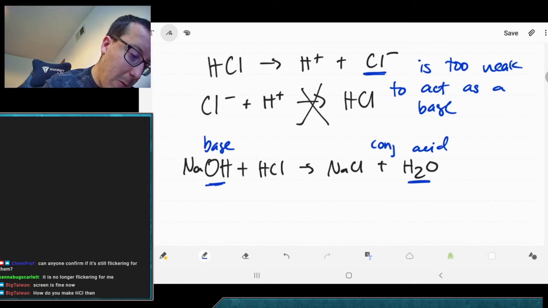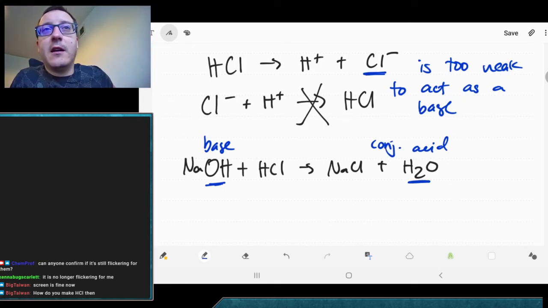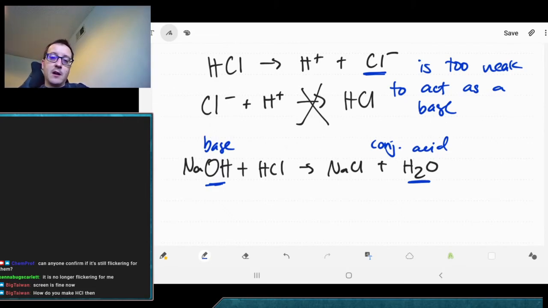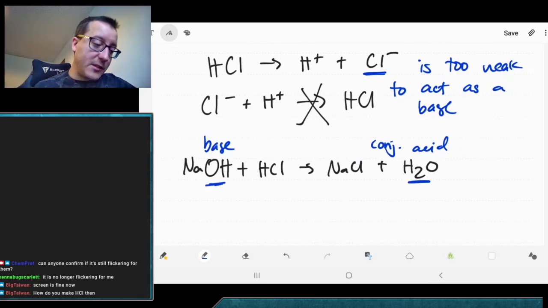Oops. So just so we can see, how do you make HCl? HCl occurs as a gas typically. You can make it by combining hydrogen and chlorine gases together with a little bit of energy. You can make it, no problem. But remember that HCl being a strong electrolyte does not exist as HCl in solution.